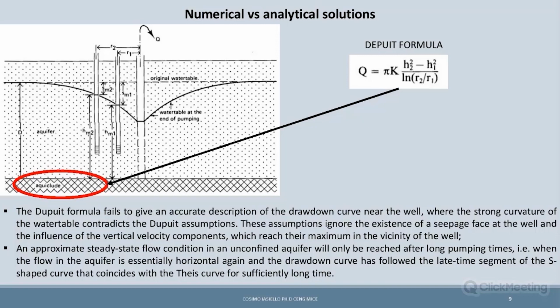For example, the formula considers that here we have an aquifer, so the flow is basically horizontal. We do not have any vertical flow. So if we are studying dewatering with pumping, the Dupuit formula should not be used. This curve should be used, because it doesn't take this into account.